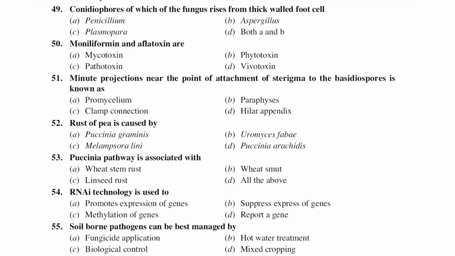Conidiophores of which fungus arise from the thick-walled foot cell? Penicillium, Aspergillus, Plasmodiophora, or both A and B. Generally both Penicillium and Aspergillus have conidiophores arising from a thick-walled foot cell, but the inverted T-shaped foot cell is present in Aspergillus and absent in Penicillium.